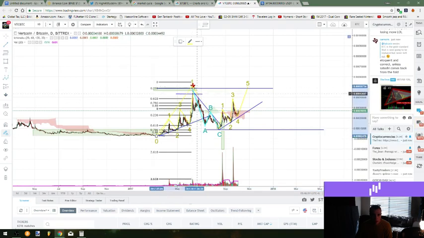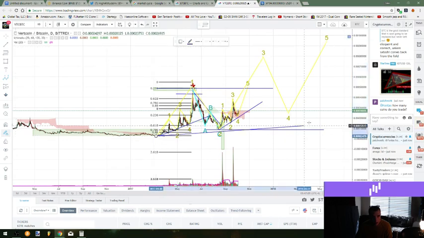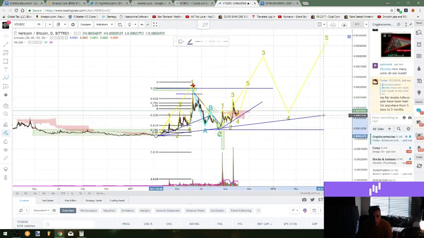So you'd have a 1, a 2, and then it would come out like this, and then you'd fall back nearly to the bottom, probably along this trend line, and then you'd come back out. So it would be like this lowest trend line would be the one that you'd be watching here for it to land onto.